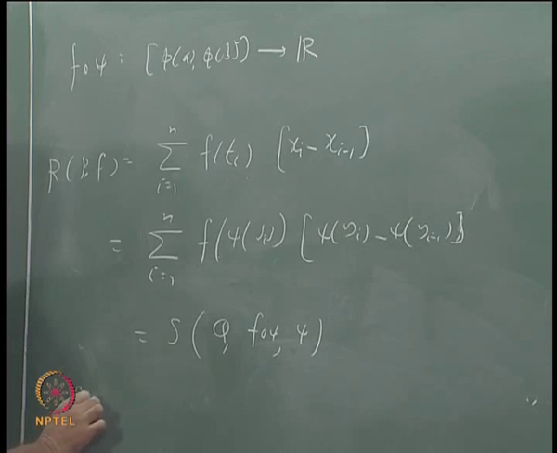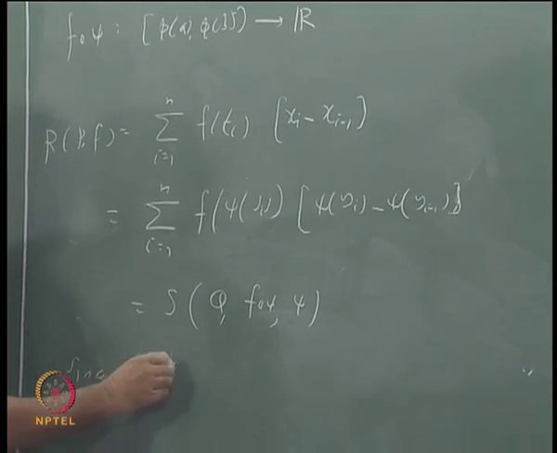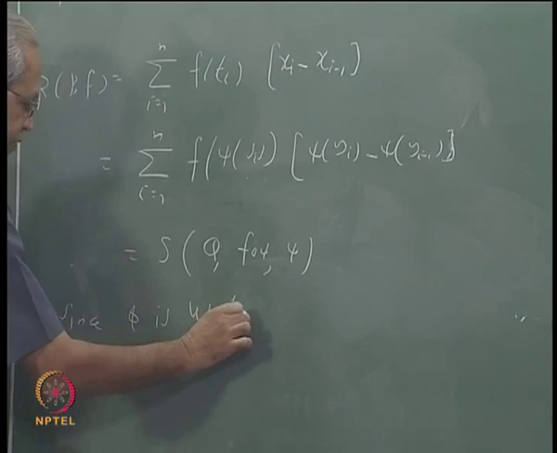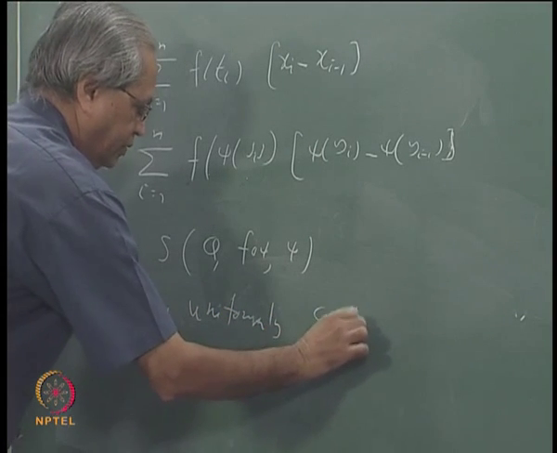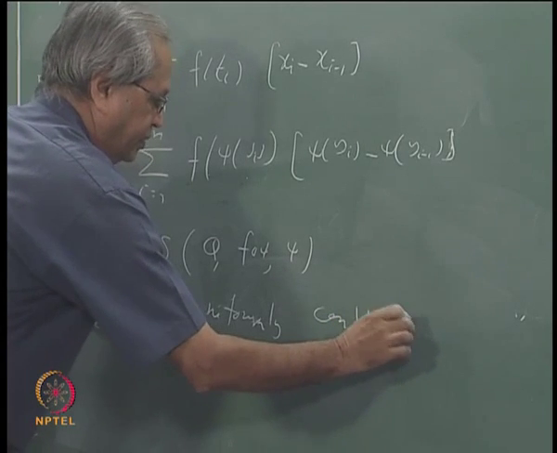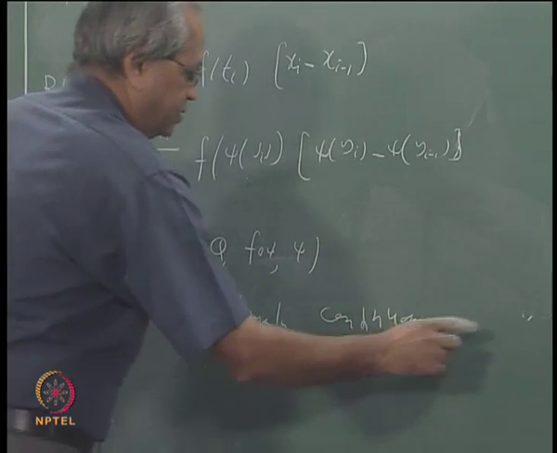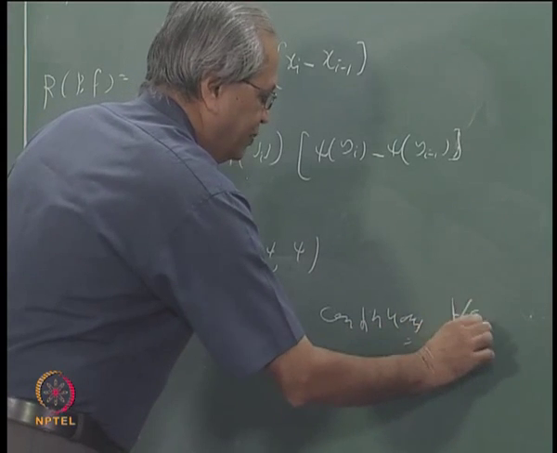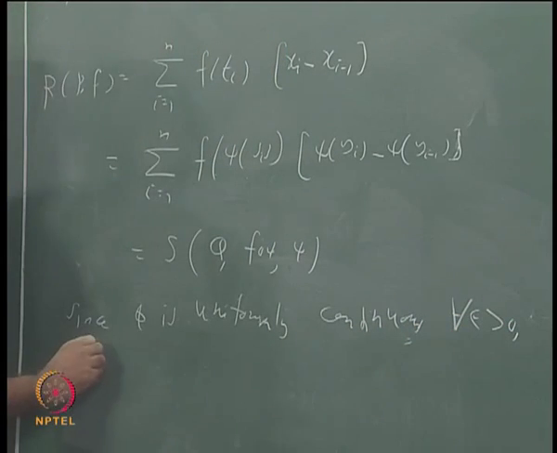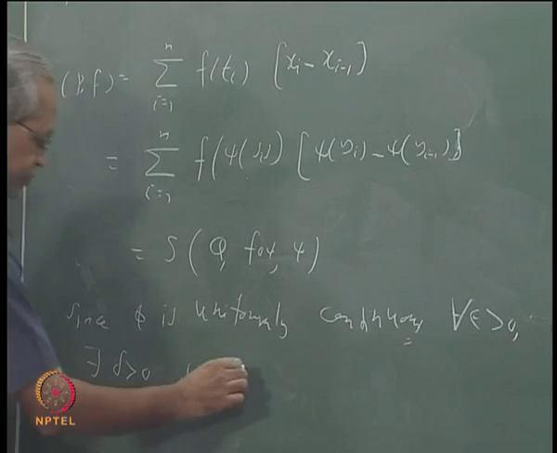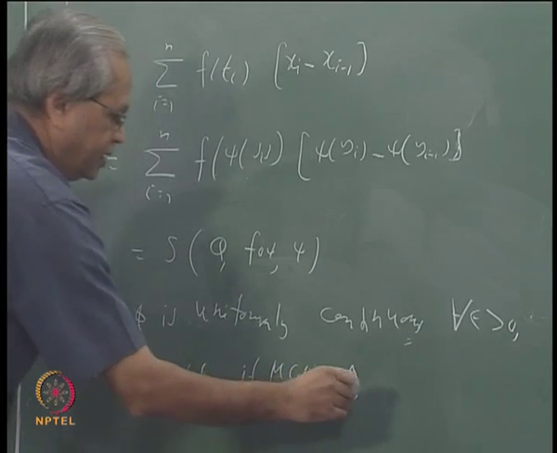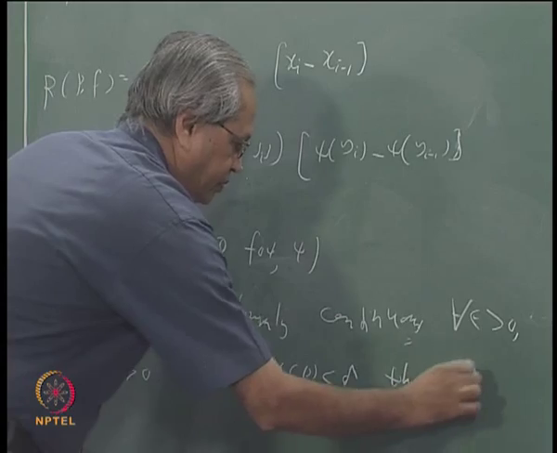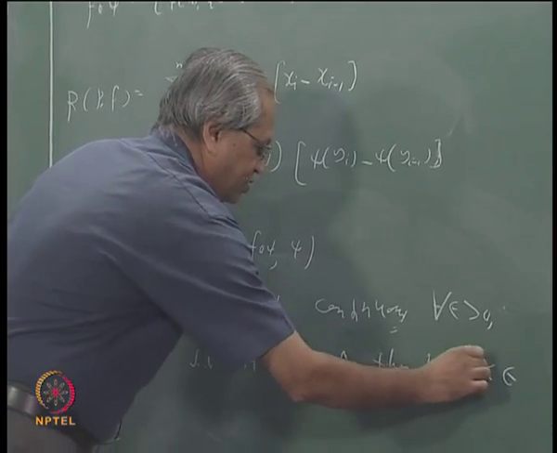Since phi is uniformly continuous, for every epsilon bigger than 0 there exists delta bigger than 0 such that if the mesh of P is less than delta, then the mesh of Q is less than epsilon.